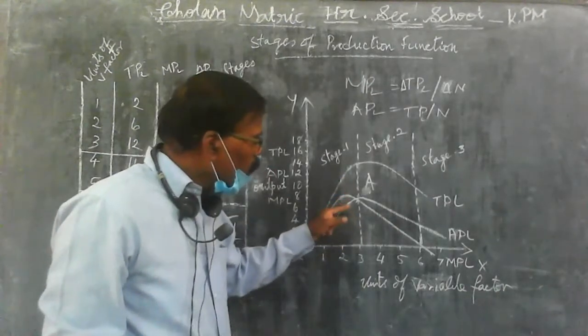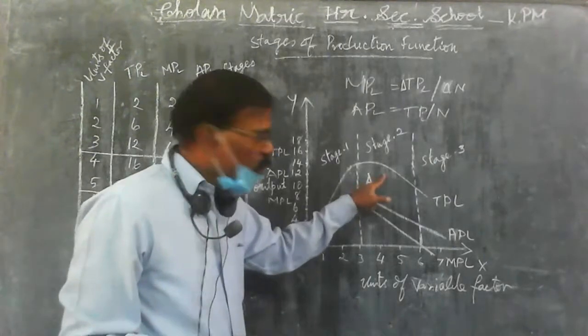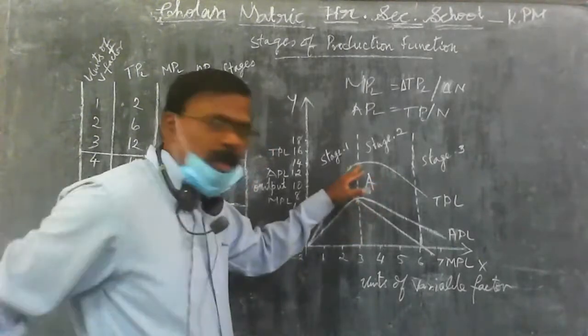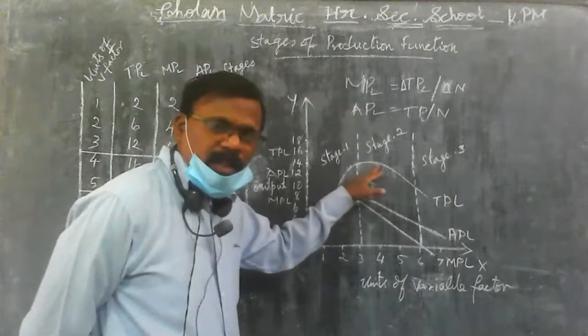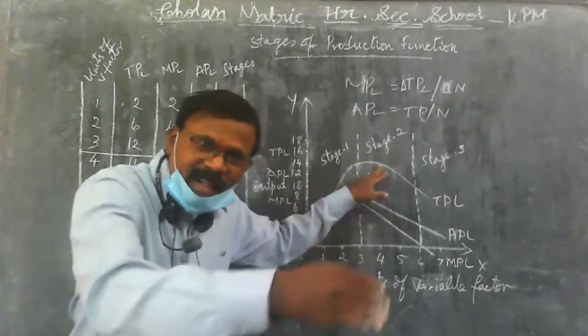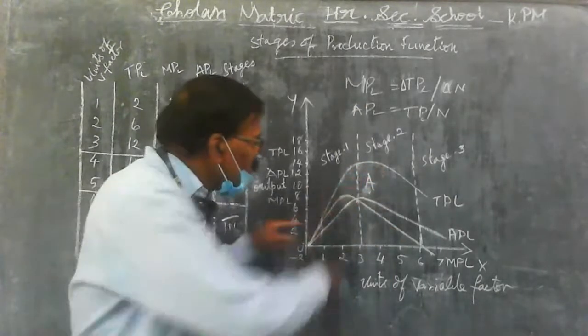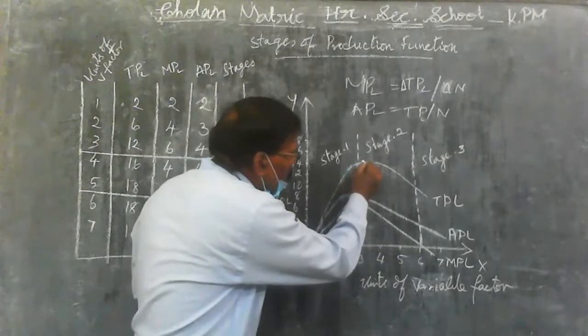Now, when we move to the second stage, total product increases at a decreasing rate. You see, this is the shape.